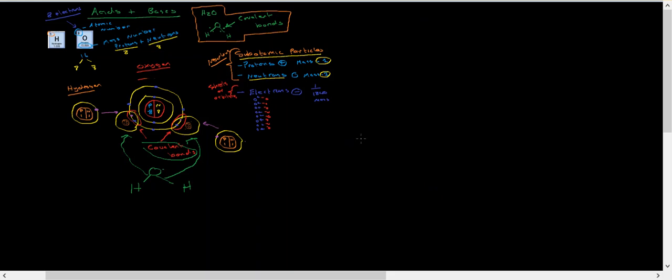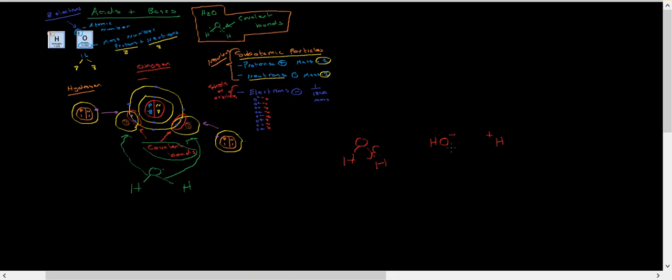If you take H2O, water, this bond here can split, and as a result you will have OH, which is negatively charged, and then you have H plus. So you have two types of ions.